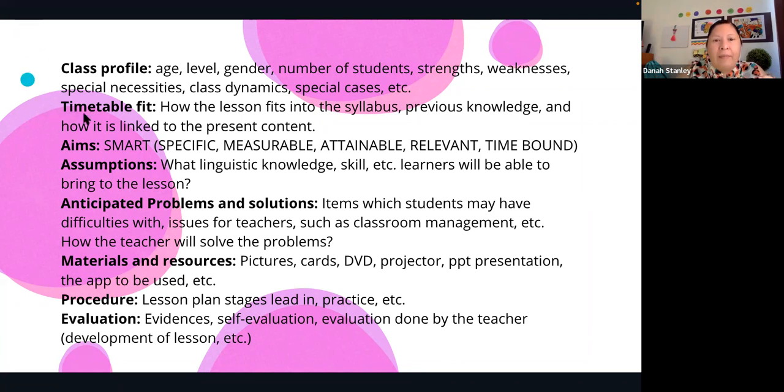Entonces, here in the timetable fit, I'm going to include the things that they already know or the things that we saw the previous class, the knowledge they already have from previous lessons, and how it is connected to the topic or the grammatical structure I'm going to analyze in this lesson plan.